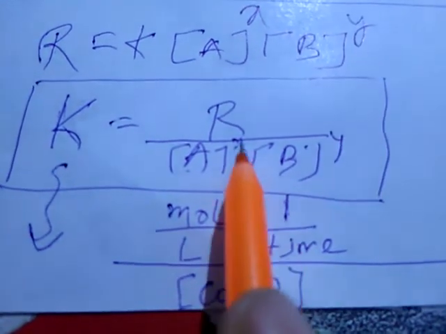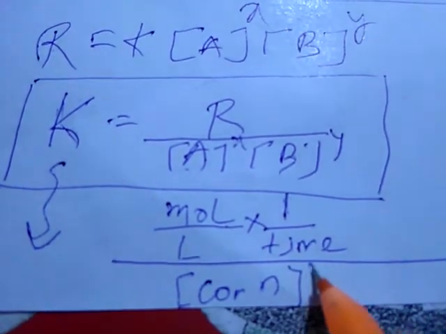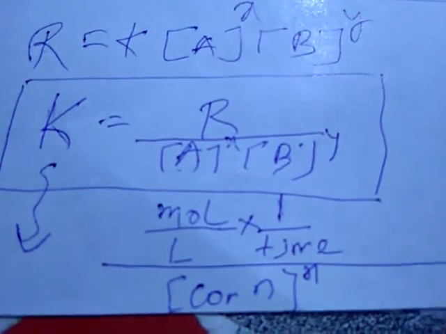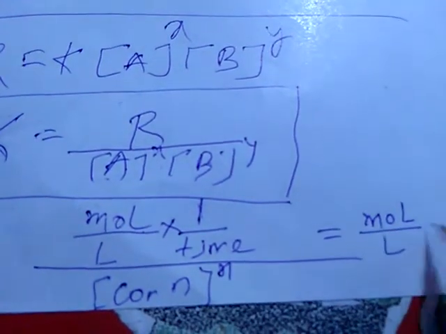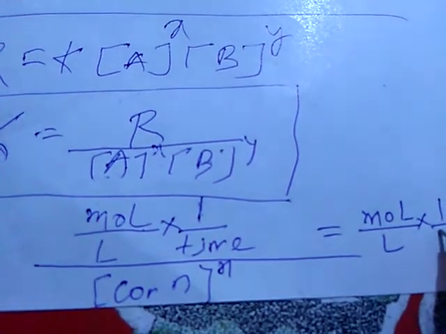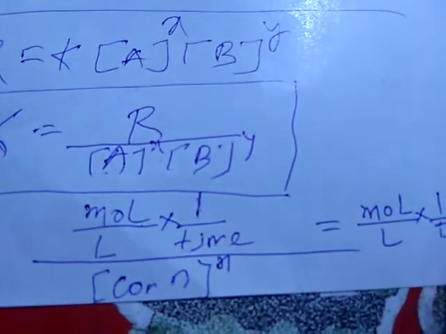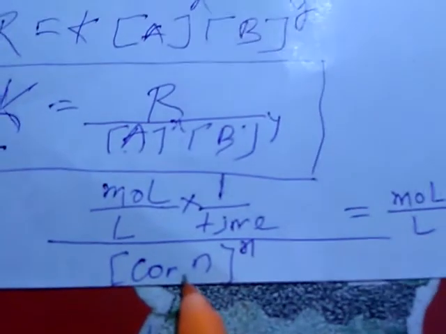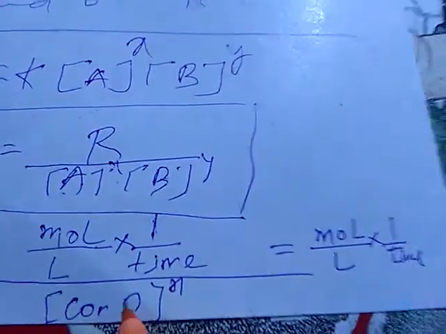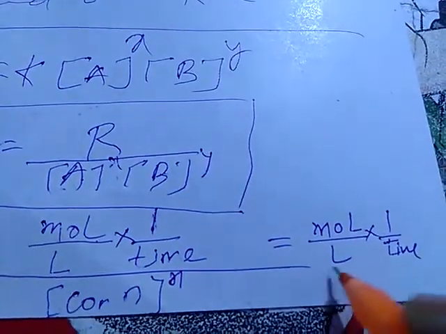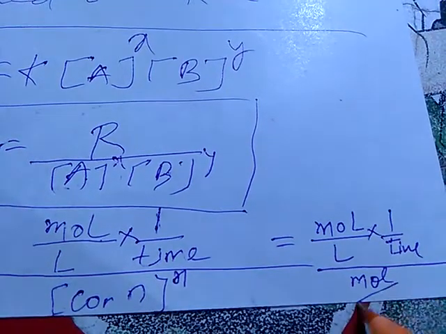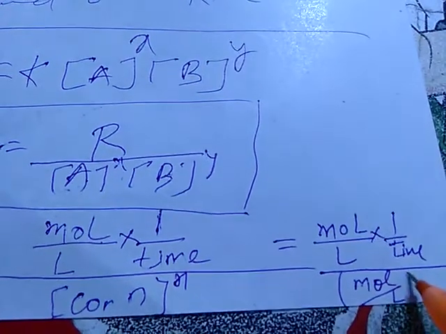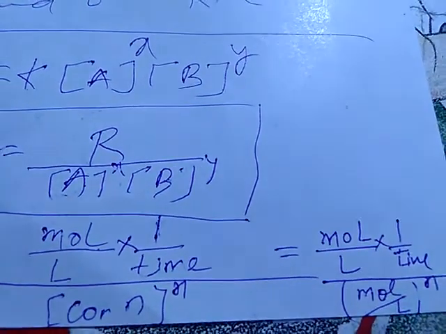So let x and y be replaced and a power n is put here. So mole per liter per time, and concentration is written as mole per liter raised to the power n.